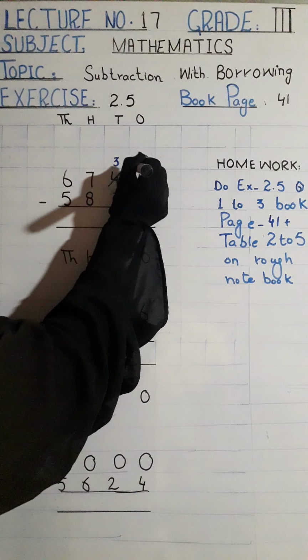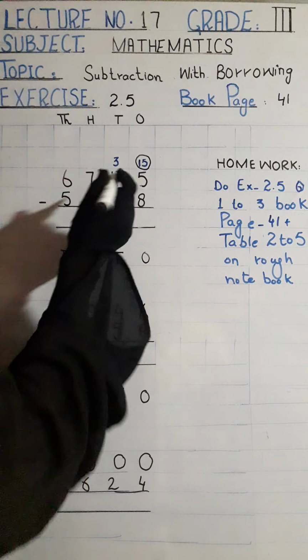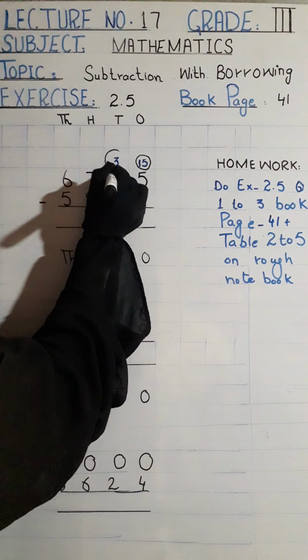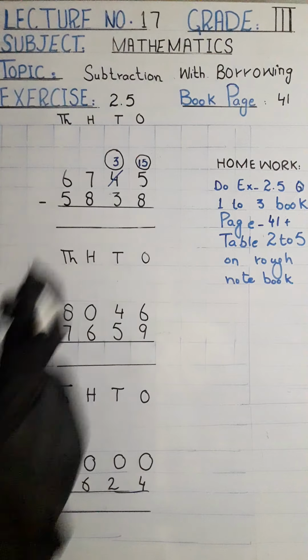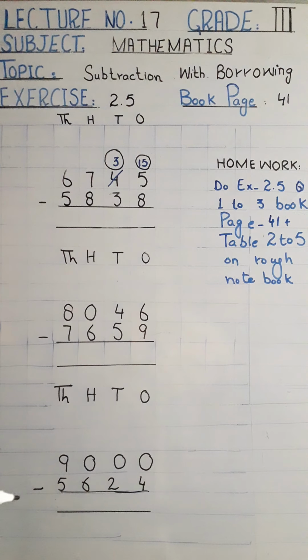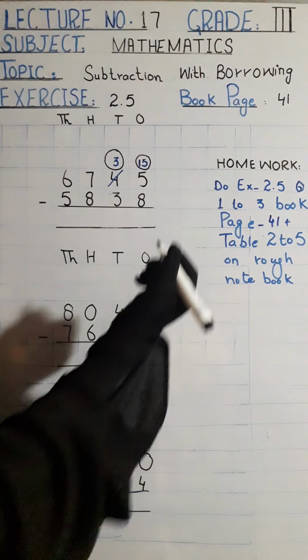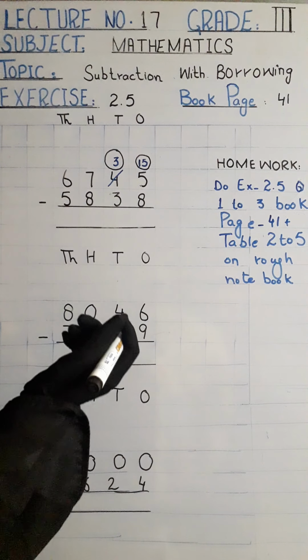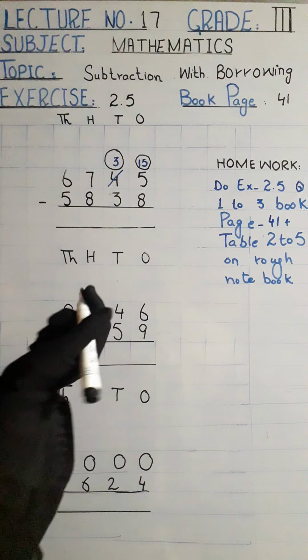You solved such a question in class 2. Remember, here 3 remains. So now you can easily remove 8 ones from 15 ones. Subtract, you can easily draw lines or do it mentally. That's good for those who subtract mentally.